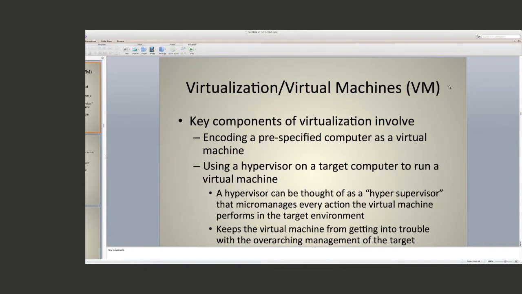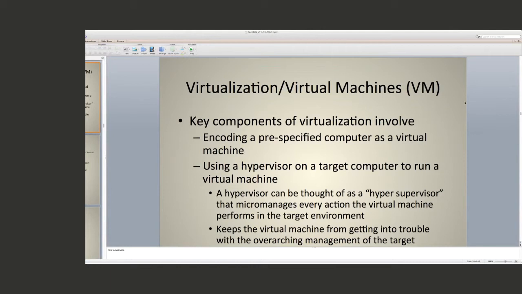Now, a hypervisor can be thought of as a hyper supervisor that micromanages every action of the virtual machine. I'm sure nobody's ever run into a hyper supervisor in their own workplace, but you get it: it basically keeps the virtual machine out of trouble in the target environment that it's working in.